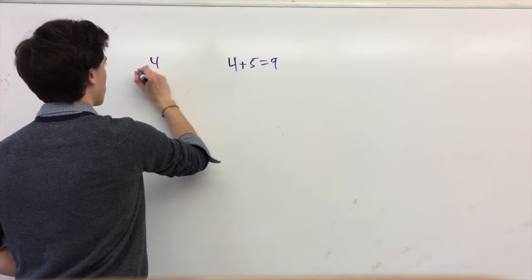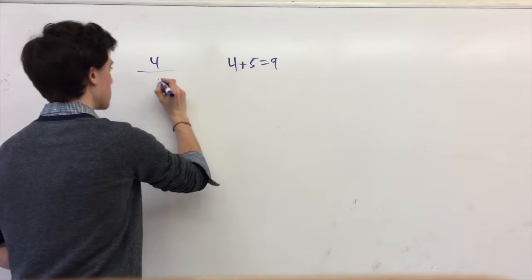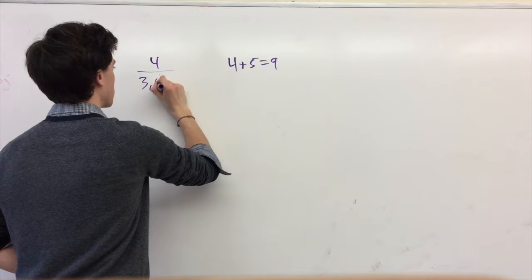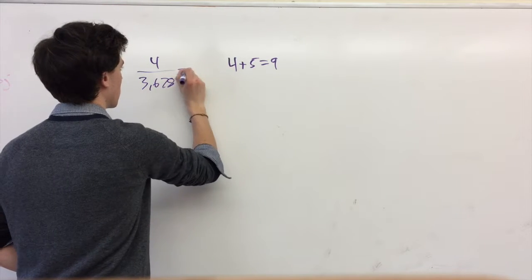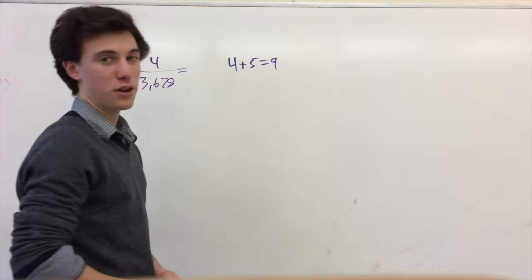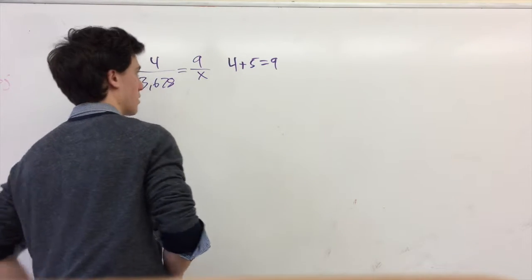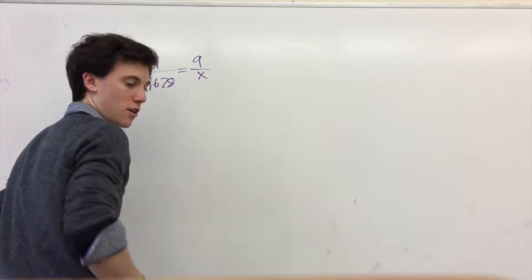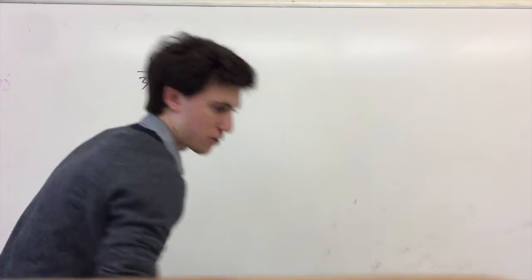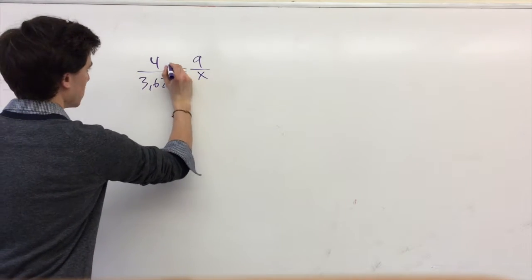Then you're going to set up a proportion. You have 4 divided by 3,678, this is the initial purchase. That's equivalent to 9 over x. It's the total number of bikes over x. Then do the same thing, it's cross multiplication.